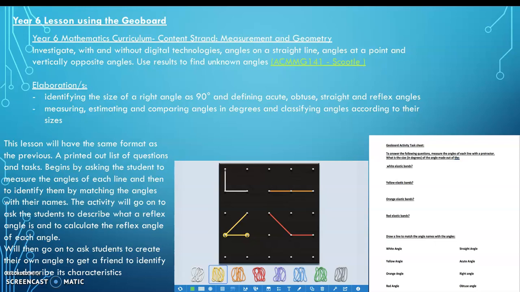The lesson will then go on to ask the students to create their own angles and get a friend to describe, identify, and classify it by its characteristics, as well as measuring the already given angles for their reflex angle and be able to define what a reflex angle is.